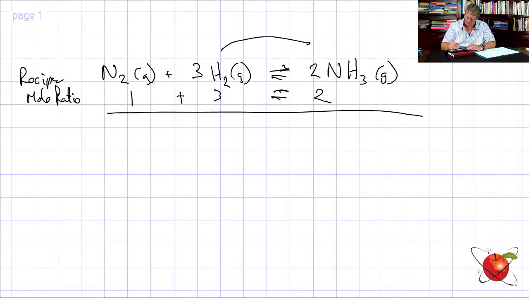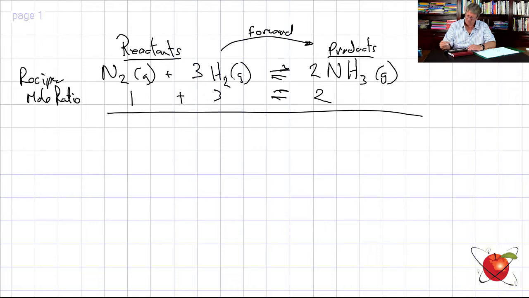Now I'm just going to put in a few things here. This is the forward reaction, because we are taking reactants and making products. That's just definition. The left is the reactants, the right is the products.